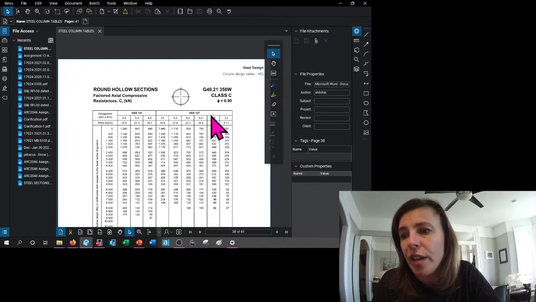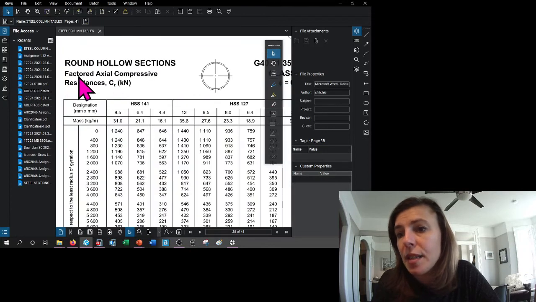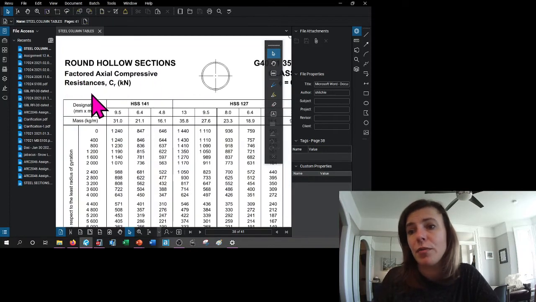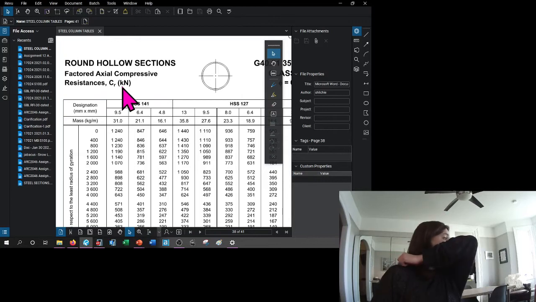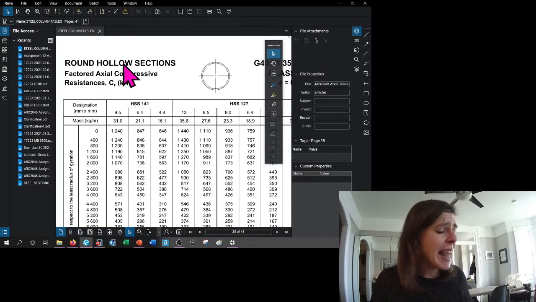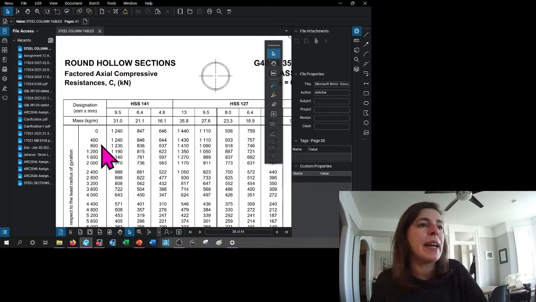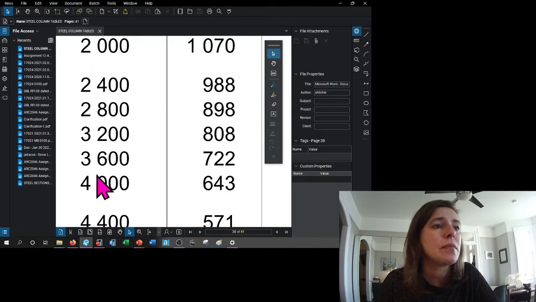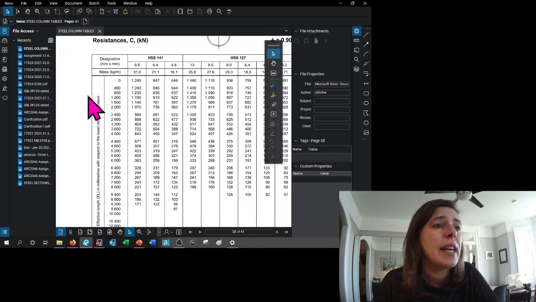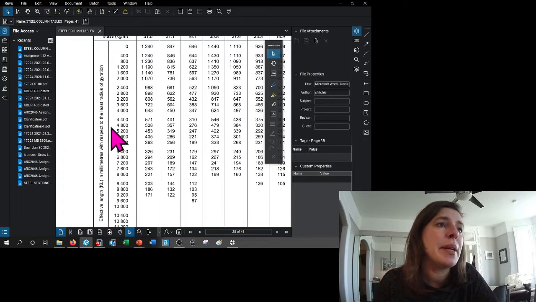We've got a chart here with different capacities, or resistance, factored axial compressive resistance, CR, in kilonewtons. They said we have a height of 3,975. Well, look, here they have KL in millimeters with respect to the radius of gyration.